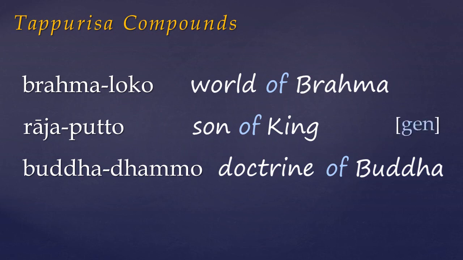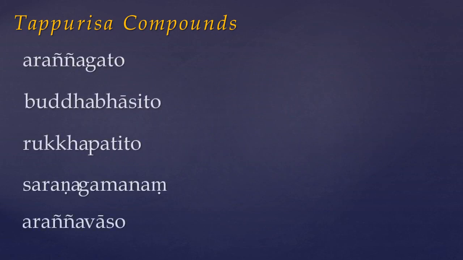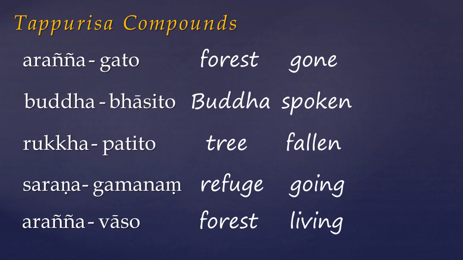The genitive case is actually by far the most common, as this is the usual case to express a relationship between two nouns. But since the case inflection between the two terms is dropped, we have to guess from context which one is correct. But it's when the final member is a participle that the other case relations are most often found.